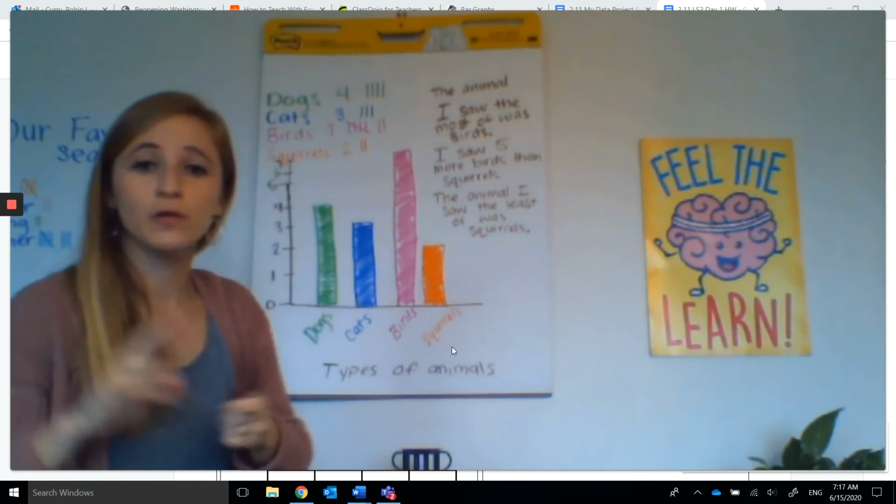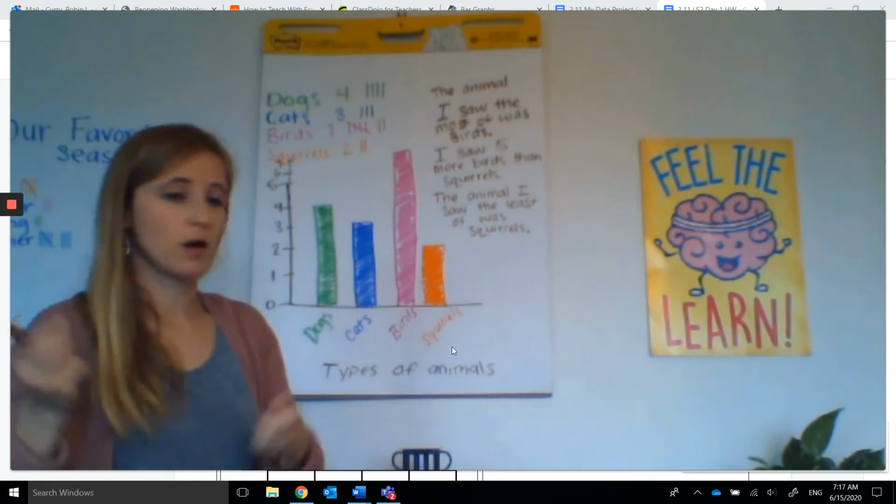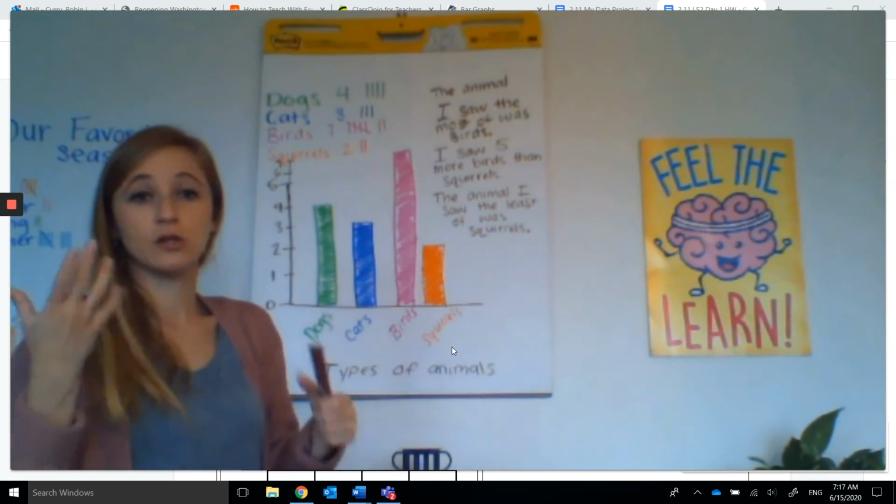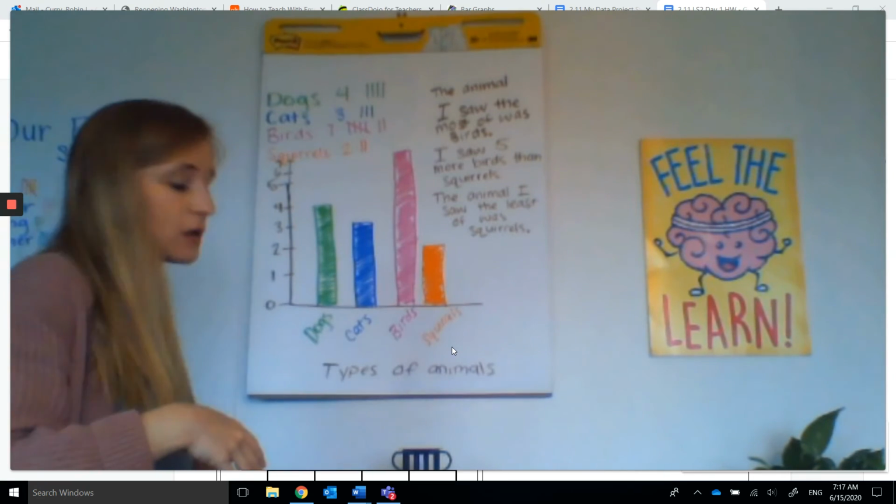All right, so those are 3 different statements that I could make about this graph. You could come up with so many other ones because I didn't even really mention the dogs or the cats. So you could keep making more statements about those things.